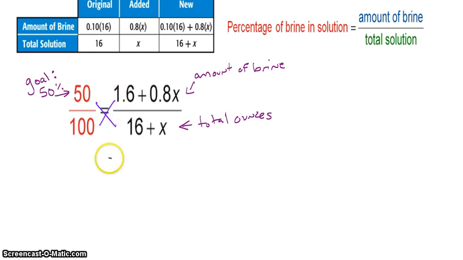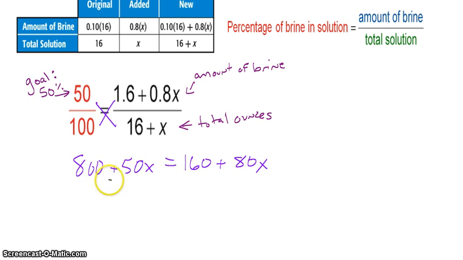So I've got 50 times 16, which is 800, and then 50 times x, which is 50x, equals 100 times 1.6 is 160, and then 100 times 0.8x is 80x. Now I'm just going to solve for x.